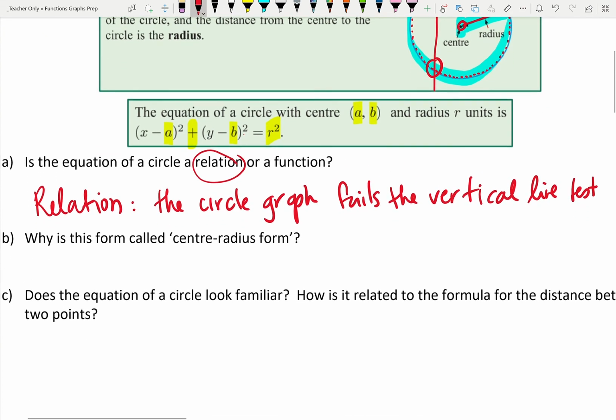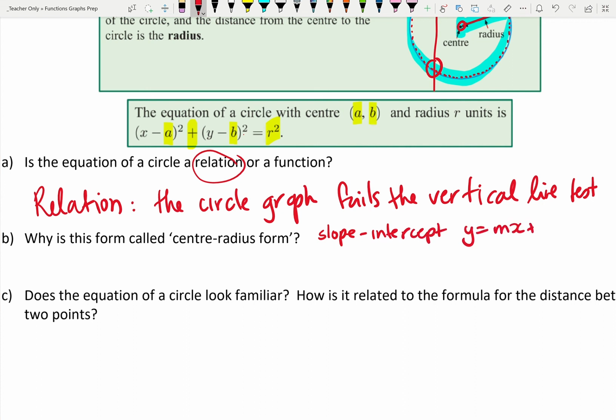Why is it called centre radius form? Well, think about slope-intercept form of a straight line, which is y equals mx plus c. It's called slope-intercept because there's the slope and there's the y-intercept. We can read it straight off the graph.